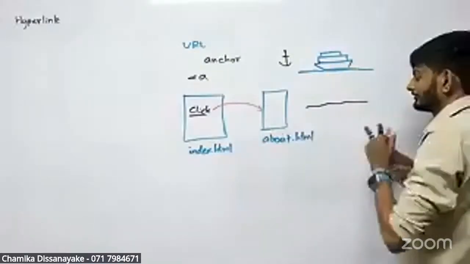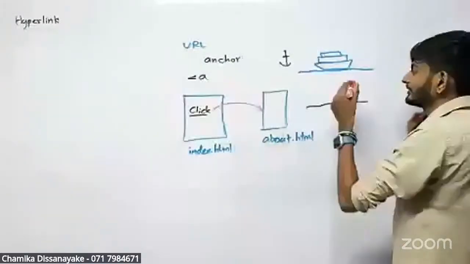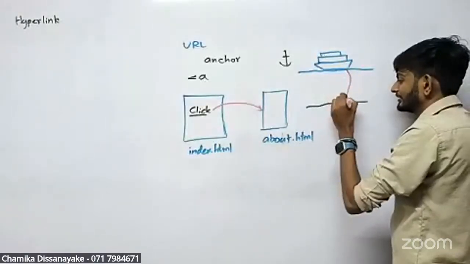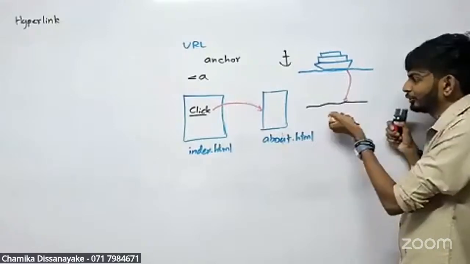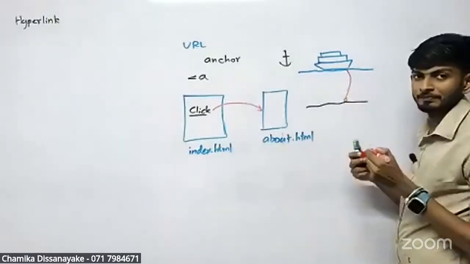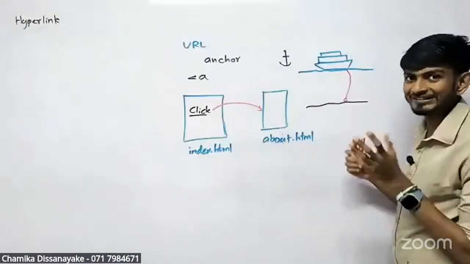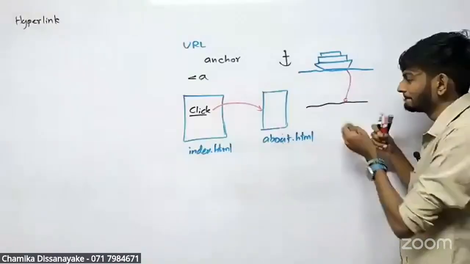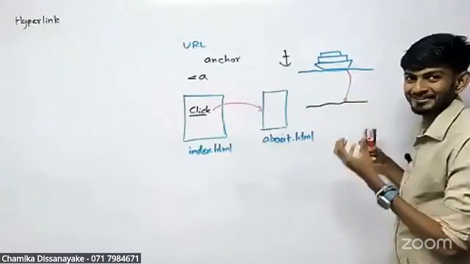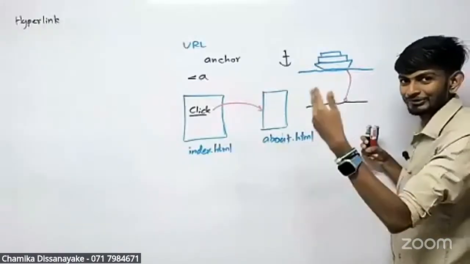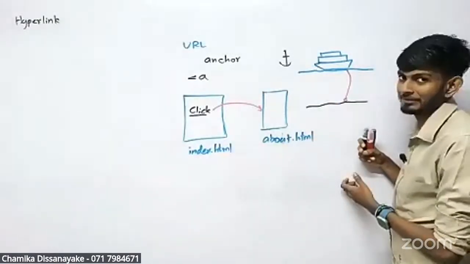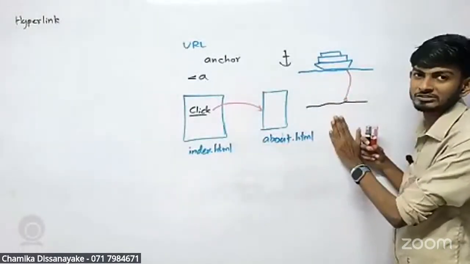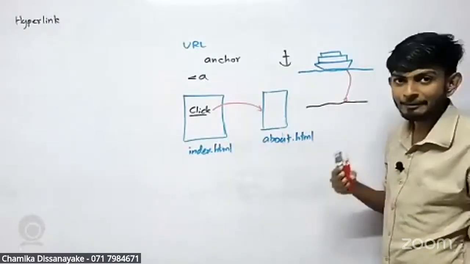The ship will drop the anchor, so the anchor will go to the ground and stay there. The physics is that the anchor is going to pull the ground, but the ground cannot be pulled. So the inverse happens, which means the ship will be pulled to the ground. That's what happens with the anchor.